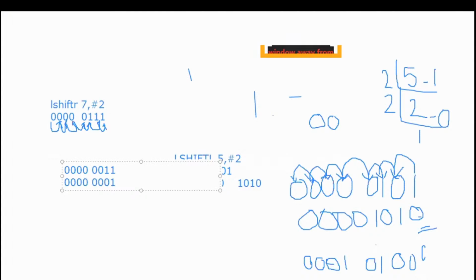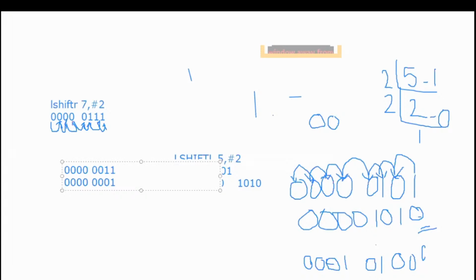So everybody got it? Yes, ma'am. Next thing we are going to see. That's the same thing they are explaining. This program I will explain later, because now you will get confused. Later I will tell you how to pack the 2 binary digits using shift L and shift R.